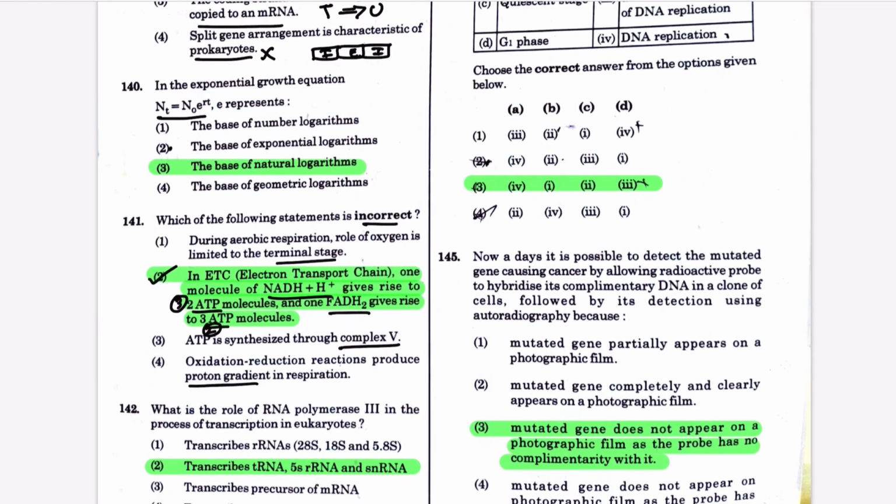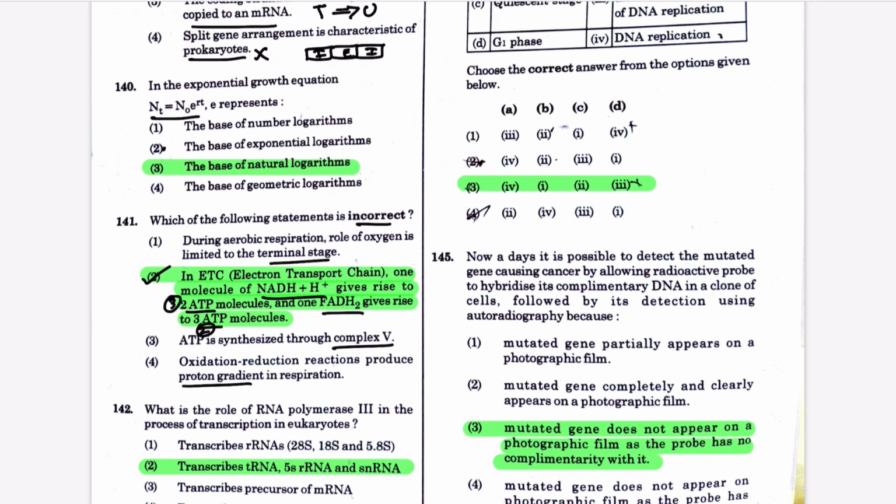Okay, so 142, it's an easy question, right? The role of RNA polymerase 3 in the process of transcription in eukaryotes: RNA polymerase 3 will transcribe tRNA, 5S rRNA and snRNA. So 1 will transcribe rRNA, 2 will transcribe mRNA and hnRNA, and 3 will transcribe all these, tRNA, 5S rRNA and snRNA, small nuclear RNA.